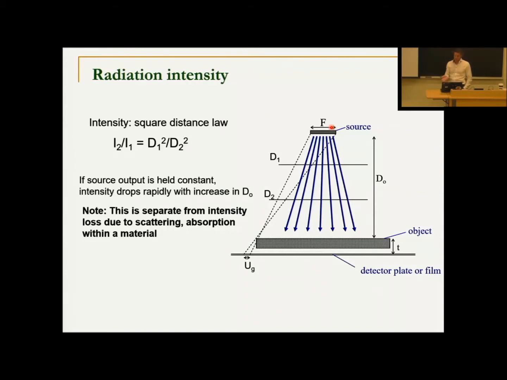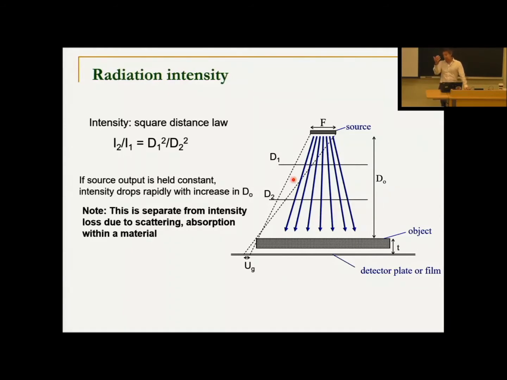So the intensity drops off rapidly with an increase in distance, and this is just due to dissipation spreading, and it's separate from other kinds of absorption, right? So we're just talking about going farther away from the source. Imagine when we move farther away from the sun, the intensity of that radiation goes down, right?